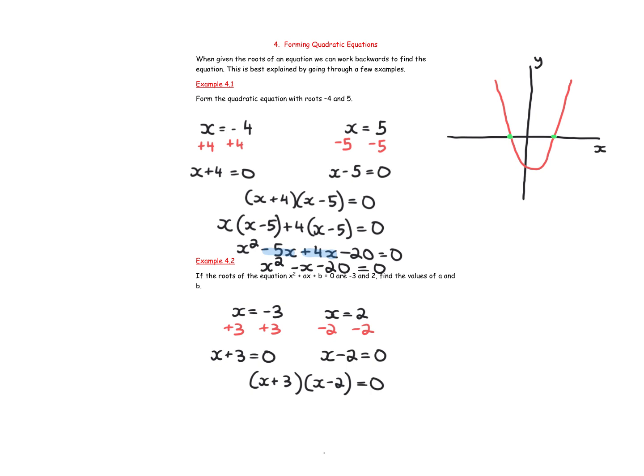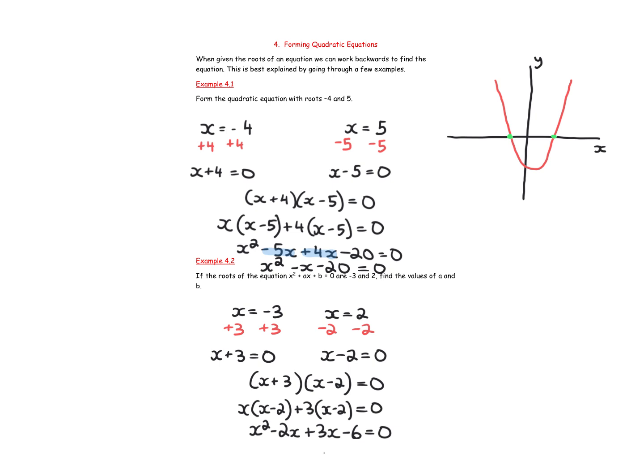Multiplying out the brackets, we're going to get that x multiplied by x minus 2 plus 3 multiplied by x minus 2 is equal to 0. That will leave us then with x squared minus 2x plus 3x minus 6 is equal to 0.